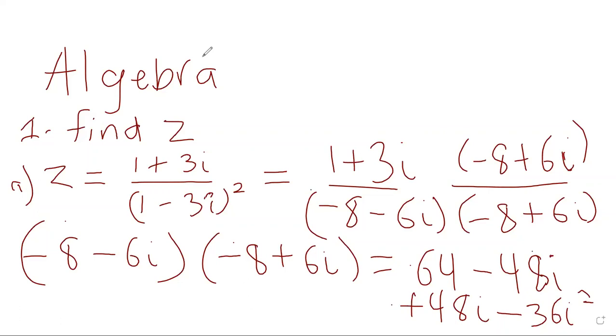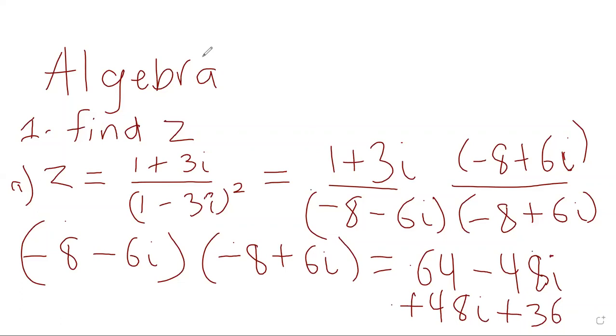Now we know what i squared is already. i squared is what? Minus 1. So we are going to substitute the i squared, and instead of minus, it's going to be plus now. So plus 36, and there's no i.